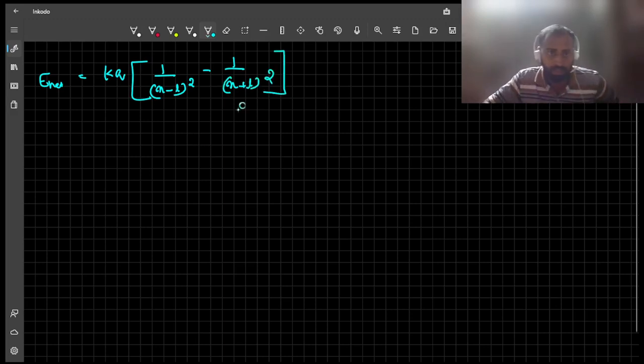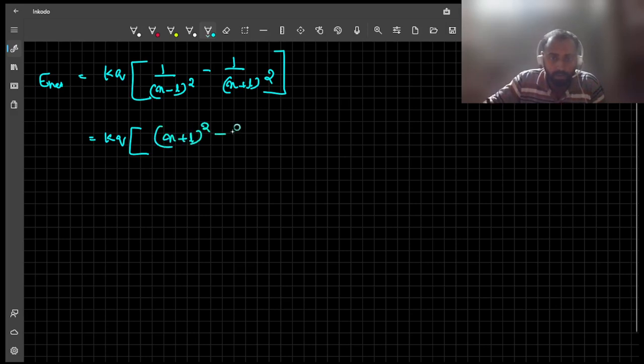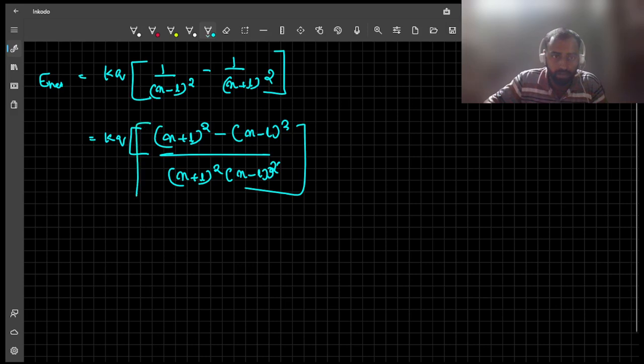We have to simplify the equation. kq is outside, and x plus L the whole square minus x minus L the whole square divided by x plus L the whole square into x minus L the whole square, right? We can write a plus b into a minus b, so a square minus b square.